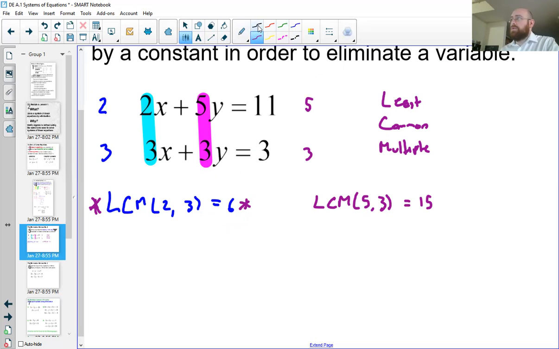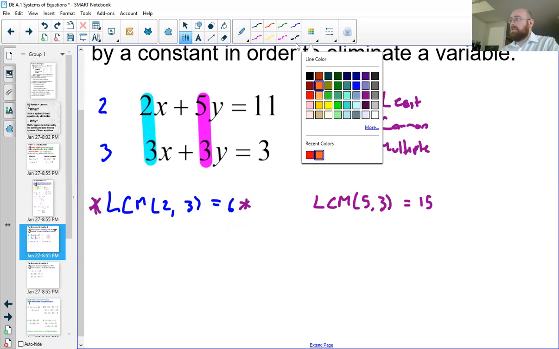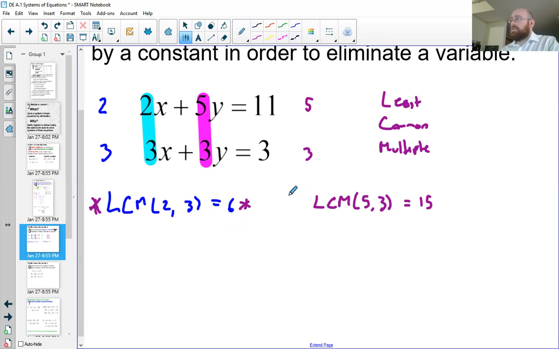So I'm going to, let's pick a new color. I like colors. All right, so I am going to do 3 times equation 1, and in fact, rather than writing that number sign, I am going to do 3 times E1, E for equation, and then E2 for our second equation.